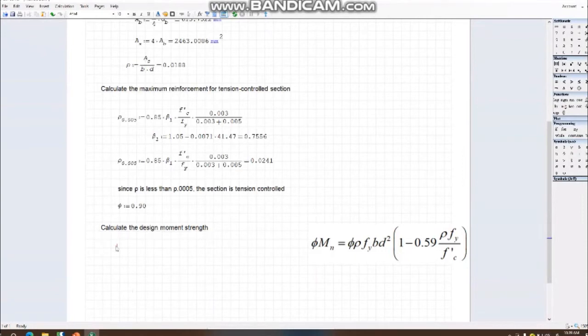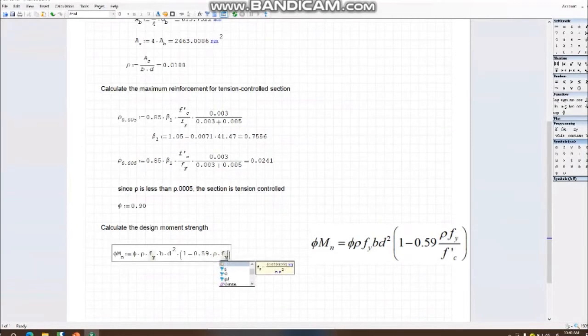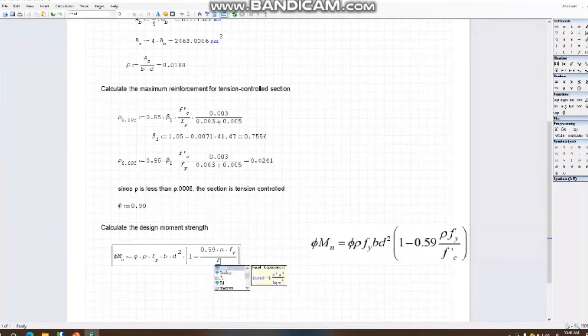So phi Mn is equivalent to, based on this formula, phi times rho times fy times b times d squared, multiplied by 1 minus 0.59 times rho times fy divided by fc prime.